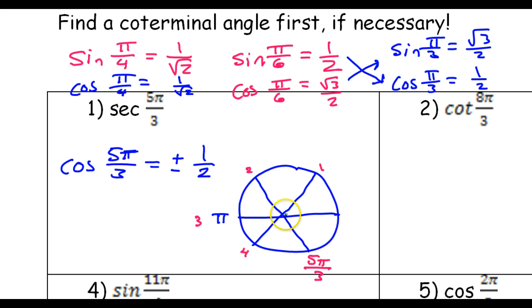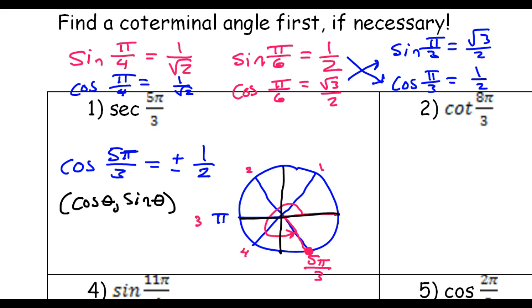So if this is the initial side, this is the terminal side, so this is 5 pi over 3 right here. So we just need to know the sign of this location. Alright, let me throw my x and y axis back in here to be clear. Now remember that every point is in the form cosine, comma, sine on the unit circle.